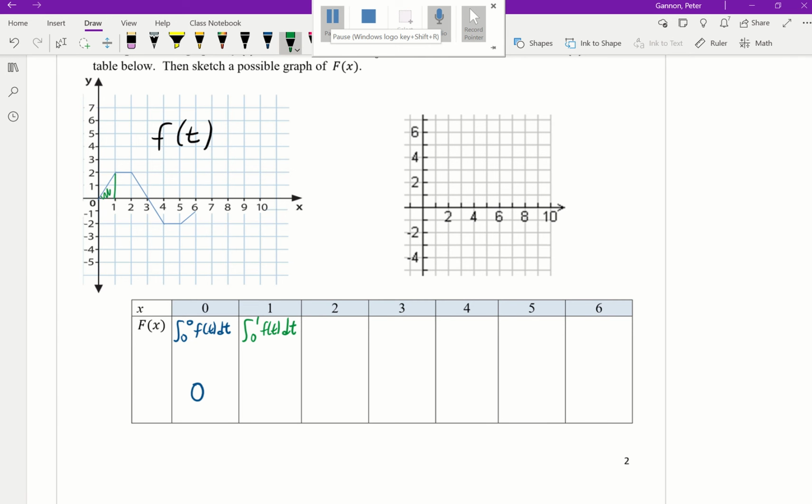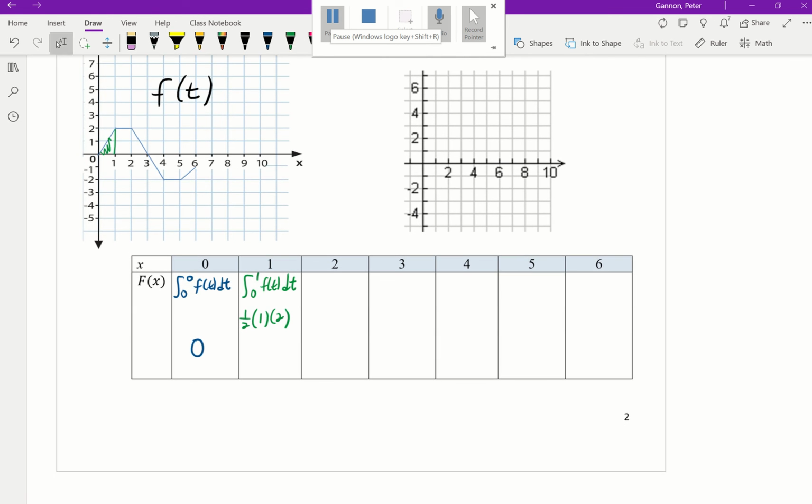So that's going to be this triangle right there. The area is 1/2, the base is 1, and the height is 2. So 1/2 of 1 times 2 is going to equal 1. So now we know that F of 1 is 1.